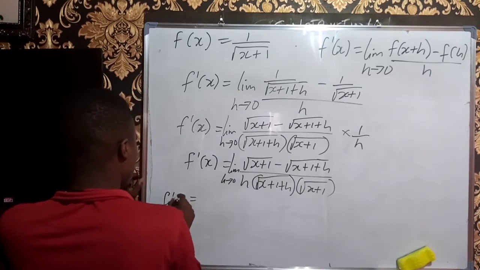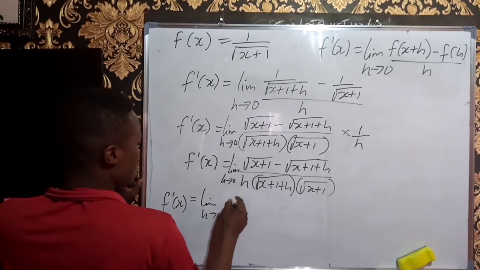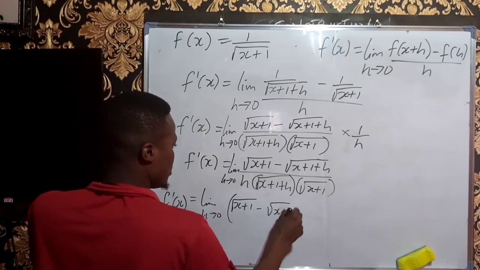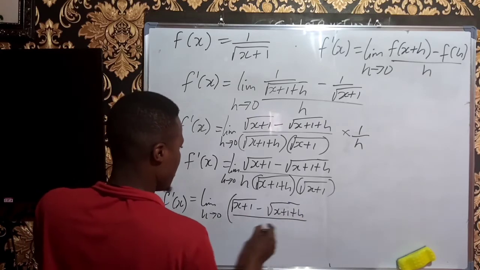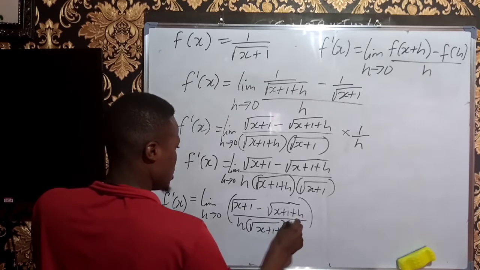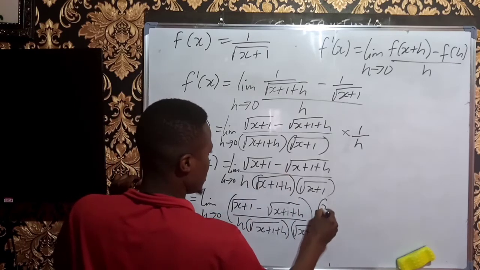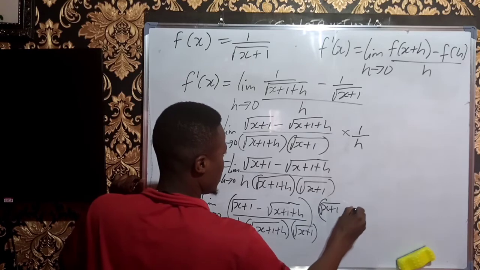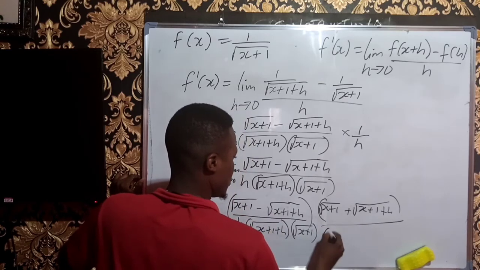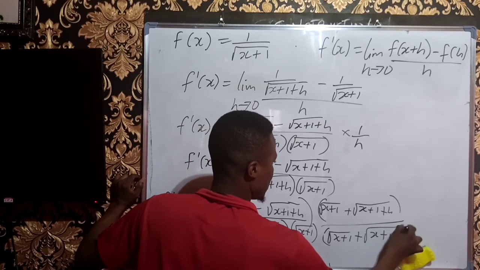So I have that f prime of x is equivalent to the limit of h tending to 0, so I have x plus 1 minus x plus 1 plus h over h into square root of x plus 1 plus h into square root of x plus 1, multiplying, I'll change this to plus: square root of x plus 1 plus square root of x plus 1 plus h over square root of x plus 1 plus square root of x plus 1 plus h.